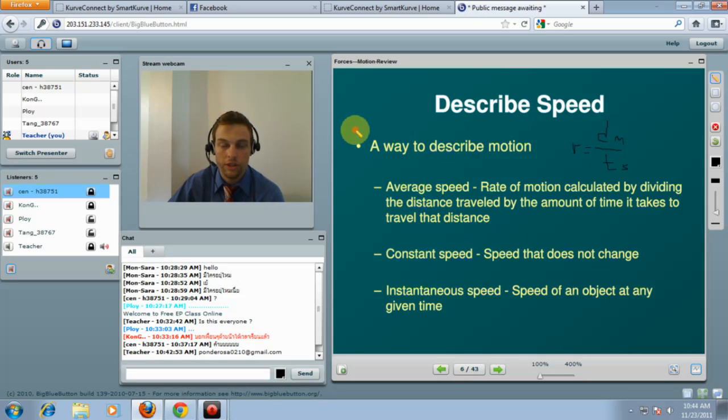Say you're plotting a graph with distance on one axis and time on the other, and say this is 4 hours and this is 400 kilometers, and you're driving. If you're in traffic, you're going to be stopping and starting, so your graph's going to look like that.